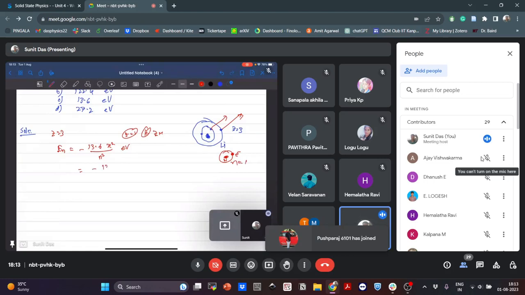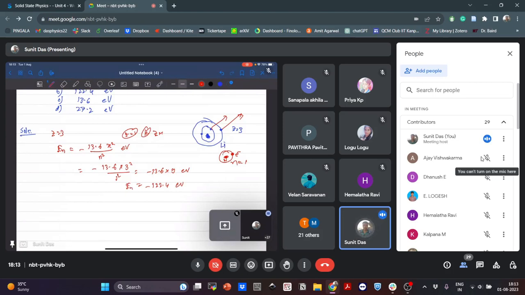So minus 13.6 into 3 square by 1 square, minus 13.6 into 9 eV, which will be around 122.4 eV. This is negative energy because this is a binding energy, right?